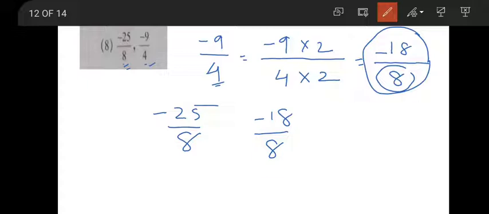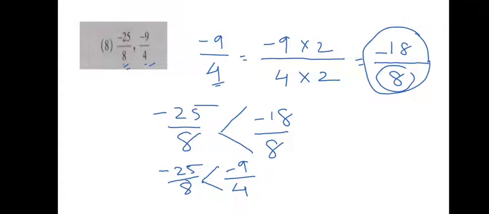Whenever both the numbers are in negative form, the lesser number becomes the greater, that is minus 18 will be the greater one. Again we'll write the question, minus 25 upon 8 and minus 9 upon 4. So this sign will be put here. In this way we have compared the 8th question.